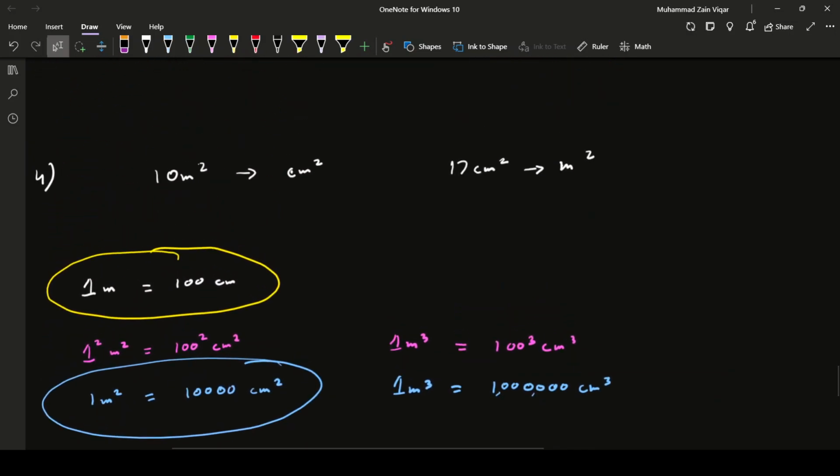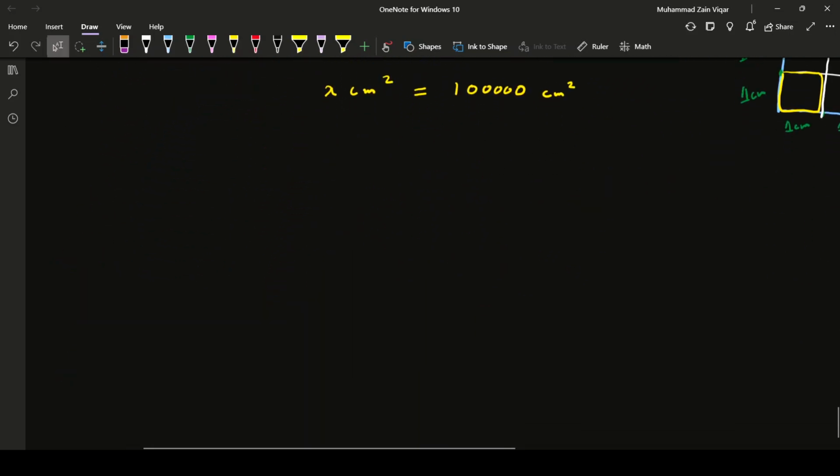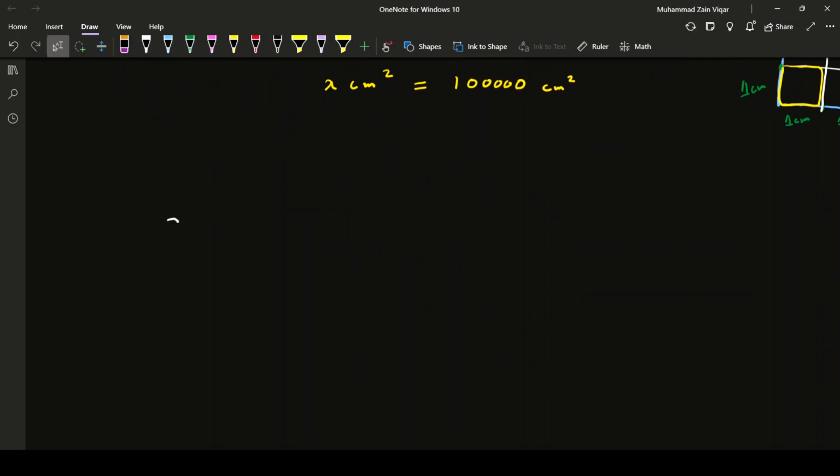Now the next conversion was 17 centimeter square to meter square, or let's go a bit further: 17 centimeter cube to meter cube. Do I know the conversion? Yes, I know. 1 meter cube was equal to 1 million centimeter cube.